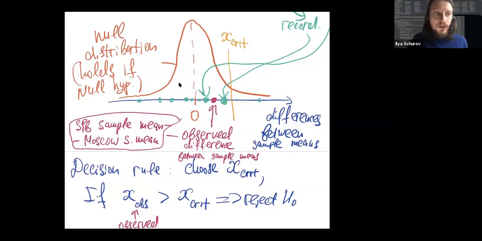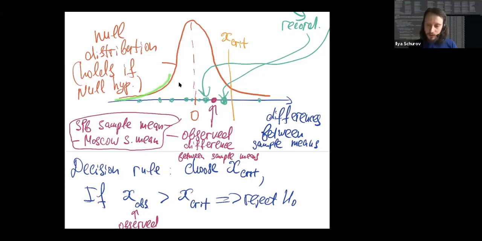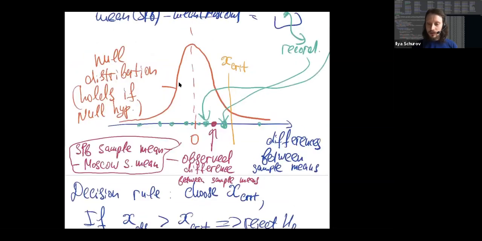Yeah, that's a good question. In fact, to draw this theoretical distribution, you have to use your data in part. You use your data to estimate the variance of this theoretical distribution, and you believe that you have enough data to get a more or less correct estimate of the corresponding population variance.